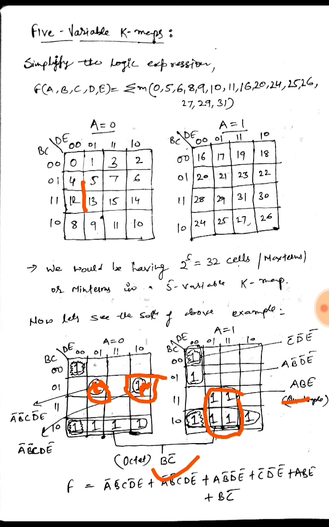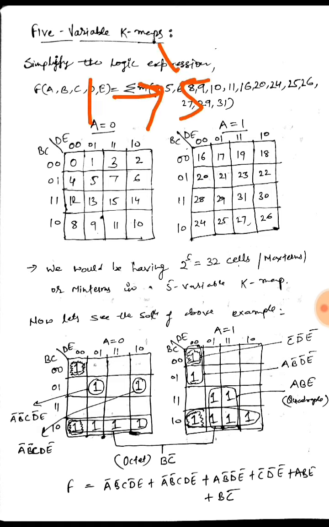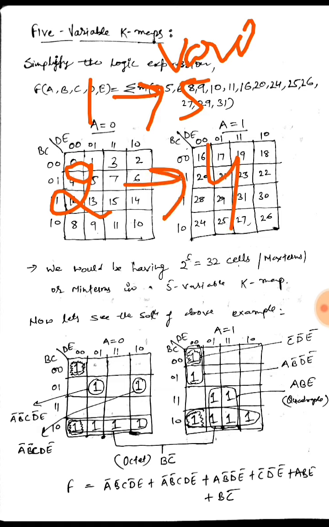So for one cell we have 5 variables. If I have two cells, that is a pair, then it will have 4 variables. If I have 4 adjacent cells, that is a quadruple, it will have 3 variables.